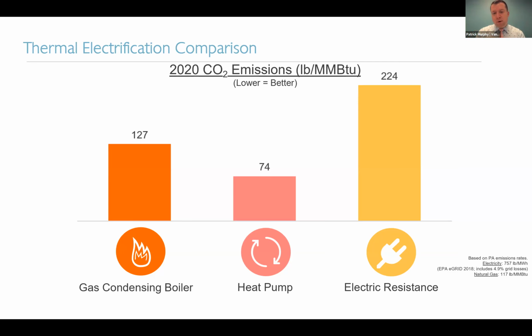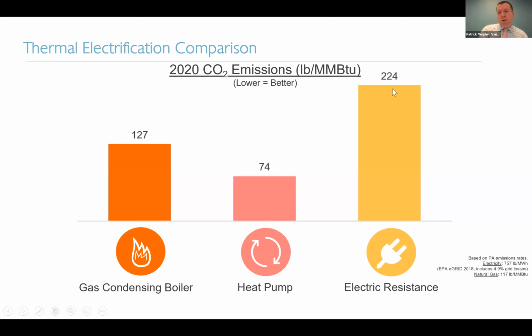The electricity that you're getting is not yet renewable, but it does have a mixture of sources. That current mixture of sources and its associated emissions, plus the efficiency of the heat pump, is what gets you these lower emissions right off the bat.